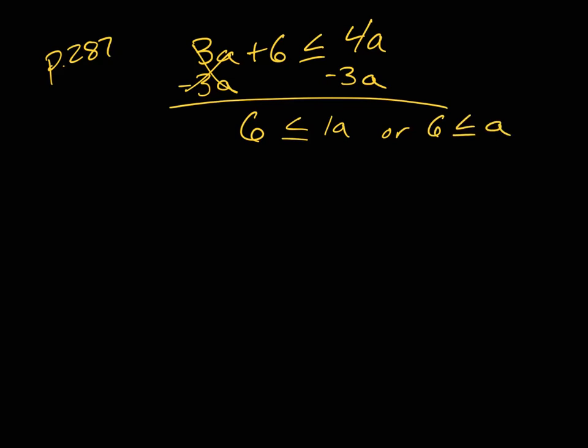Now remember what I said at the beginning: usually the variable is written on the left and the number is written on the right. So I'm going to switch this around and make the a on the left, the 6 on the right. Take note that it's opening towards the a, so that should be my answer.